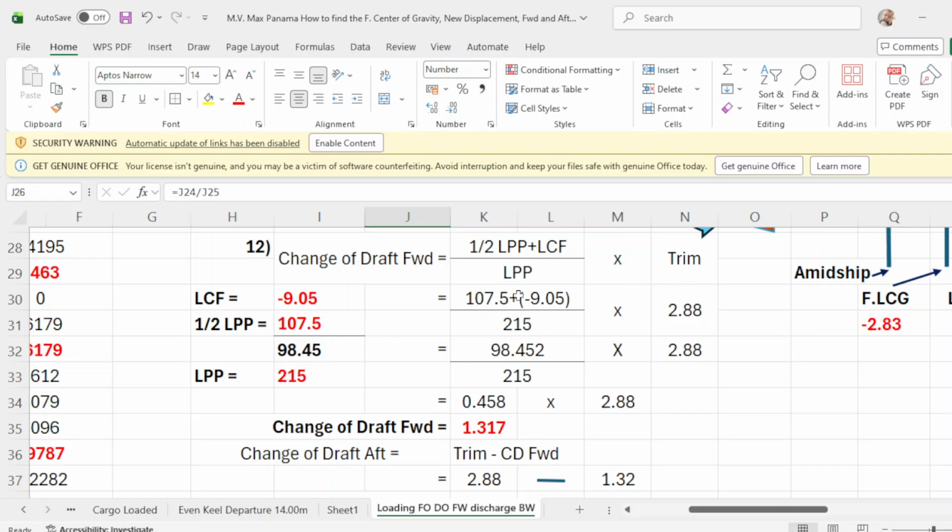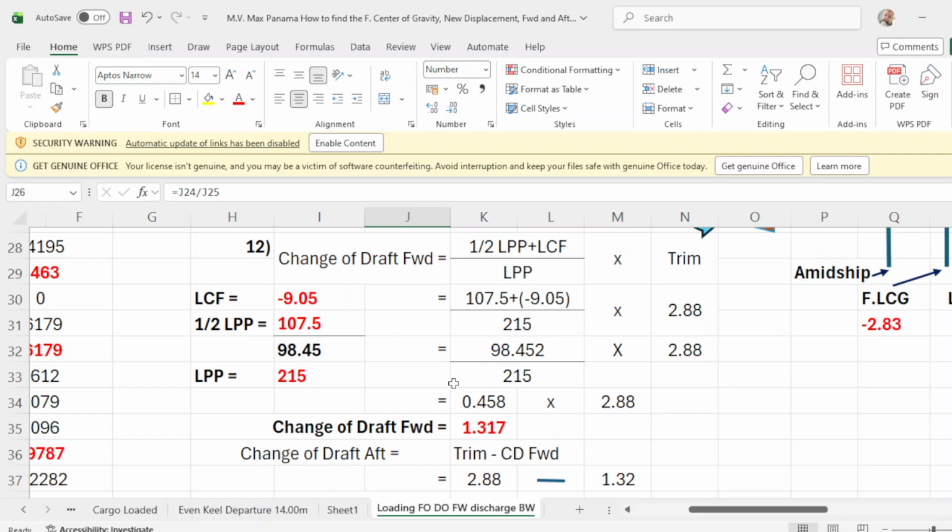Okay. So your LPP is 215. 1 half of LPP is 107.5, and your LCF is negative 9.05. So your 1 half LPP is 107.5, which is this one, plus your LCF of negative 9.05, over your LPP times your trim of 2.88.